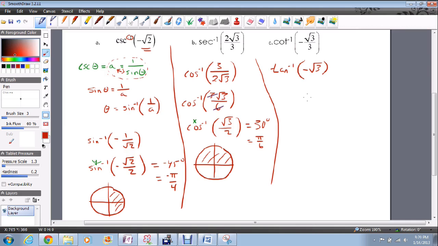Again, the inverse of tangent only exists in the first and fourth quadrant. So our answer that makes sense for this problem is negative 60 degrees, or equivalently negative pi over 3.